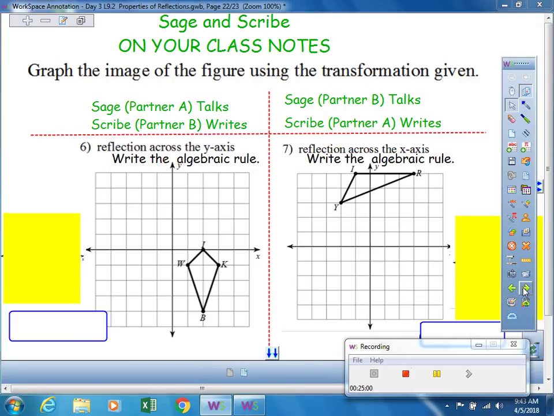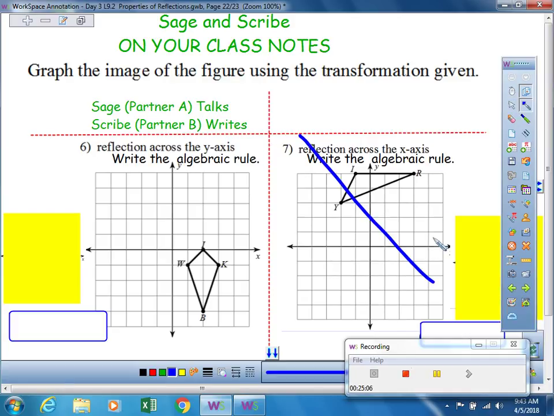And then this one, I just want you to do this one. Don't do this one. Go over the y and write the algebraic rule.